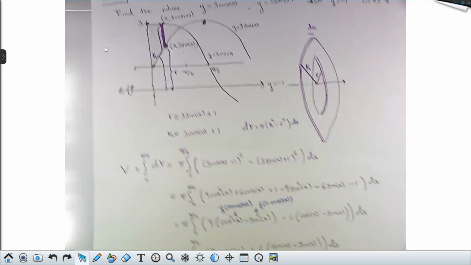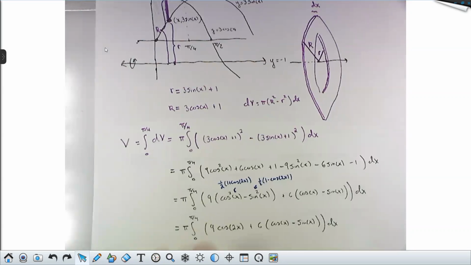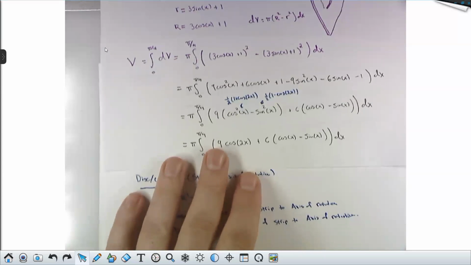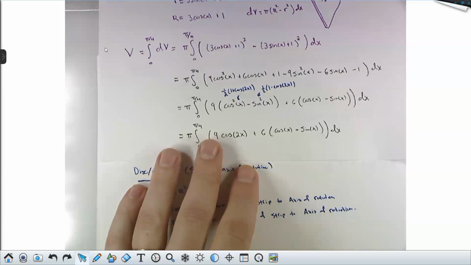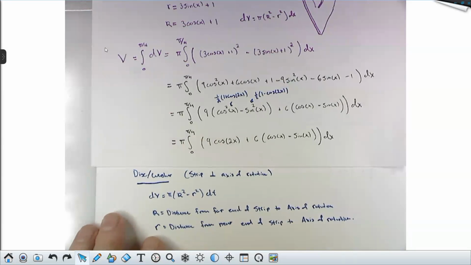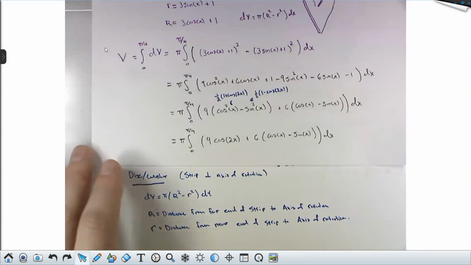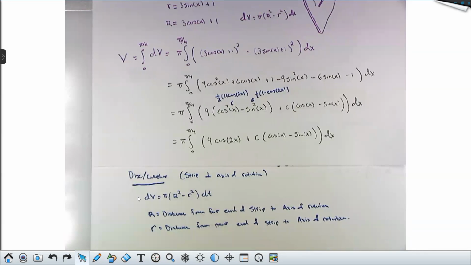Yeah, let's come back to this. If you go back to the last day we spent in 6.2, I think that's where I laid this all out for the first time. Here, this is basically our full characterization of the disk washer method.